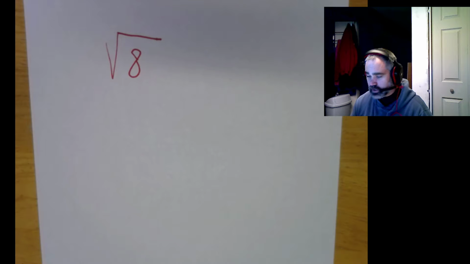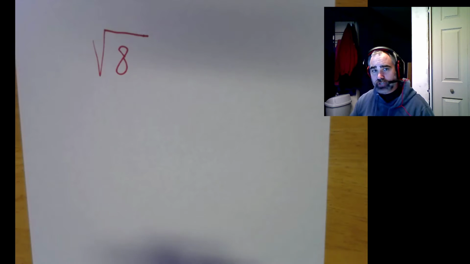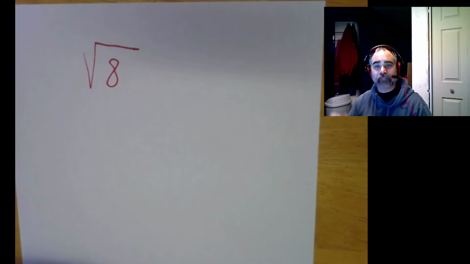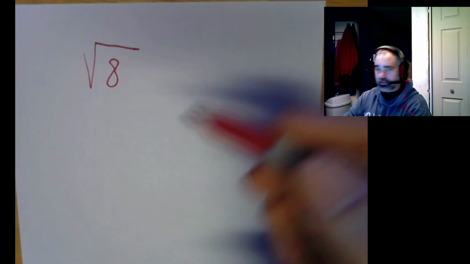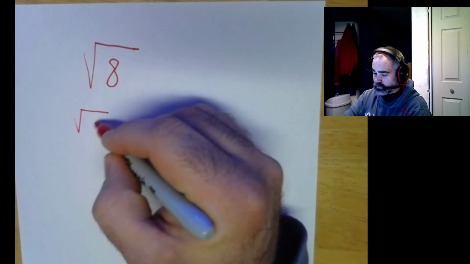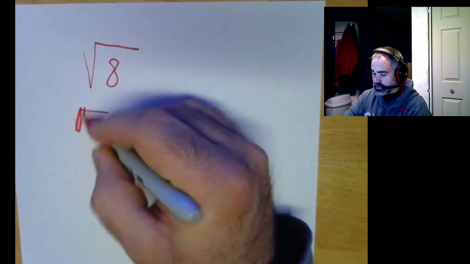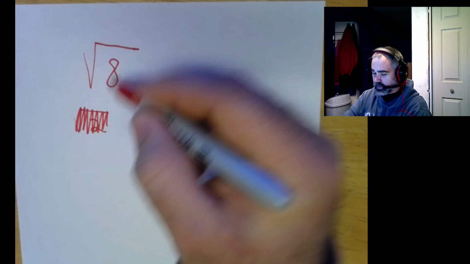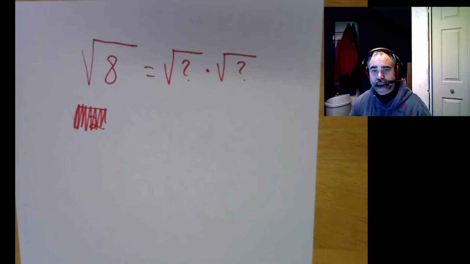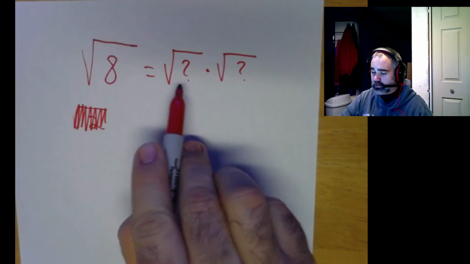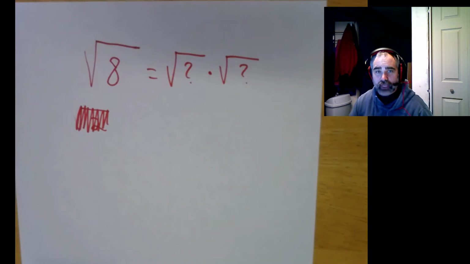We can, however, simplify this to make it a little bit smaller and easier to work with. The first thing that we're going to do is remember that I'm allowed to multiply and divide square roots. So what I want to do here is say, what square roots multiply together to give me the square root of 8?